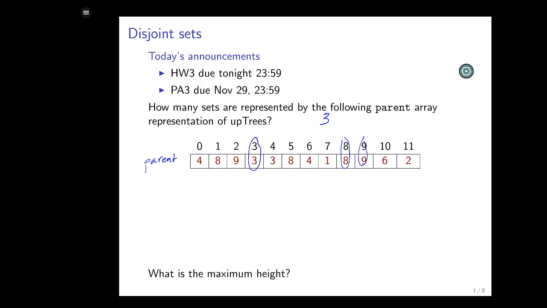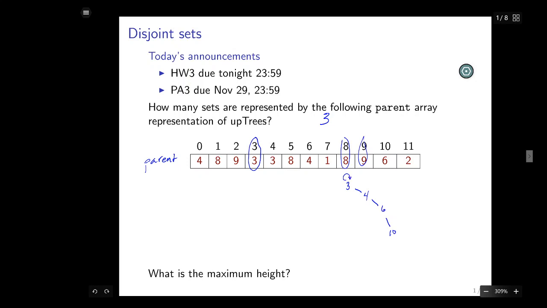But did somebody have enough time to trace out the chains and figure out what the longest chain is? Yeah. 10 to 6 to 4 to 3. 10 to 6, that's right, to 4, and 4 goes to 3, and 3 goes to itself.